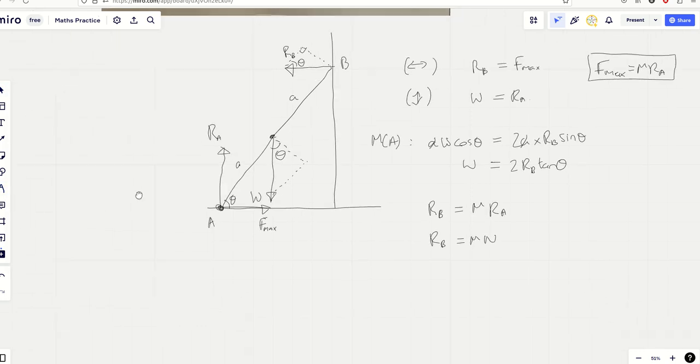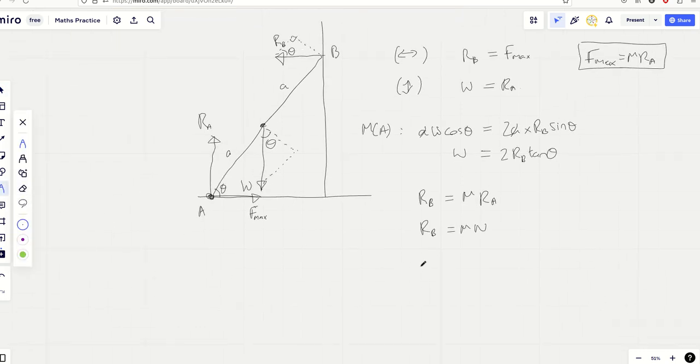So now I've got it all in terms of RB, if you see what I mean. So RB equals mu times, that's a W by the way, it's just a very dodgily drawn W. Let me just make that a bit clearer. So this is going to be 2RB tan theta. And lo and behold, when you divide by that, you're going to get 1 over 2 tan theta is mu, and it's done.